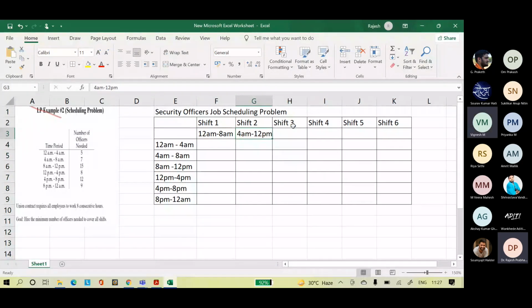So shift 1 is 12 a.m. to 4 a.m., 12 a.m. to 8 a.m., 8 hours, no. One shift is 8 hours as per their rule. See, they have to work for 8 hours, right? Office shifts will be different, right?